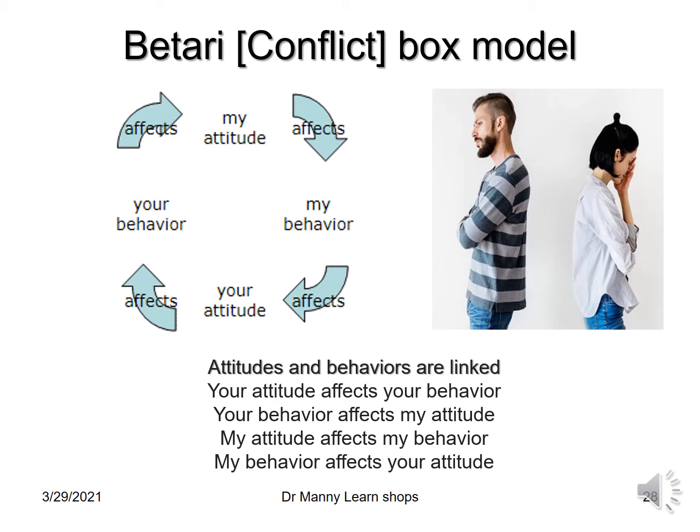Your behaviour affects my attitude. My attitude affects my behaviour, and my behaviour affects your attitude. It's cyclic. No one actually knows where this originated from, but as I said, the name comes from a Persian city of Betari, located in Iran. Iran was Persian.